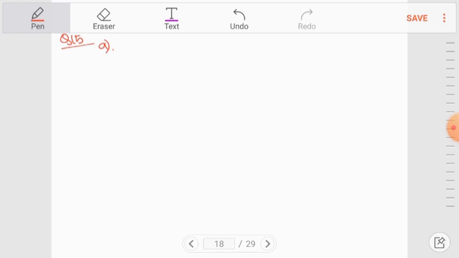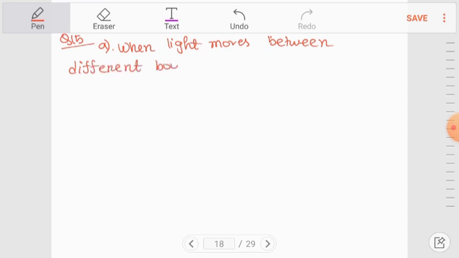So let's write it. When light moves between boundaries with different densities, their speed changes.